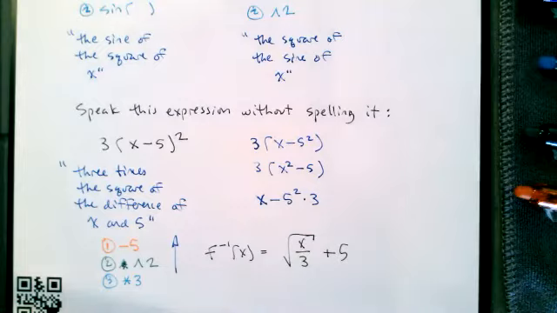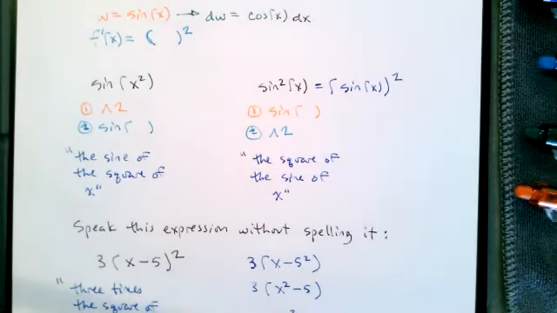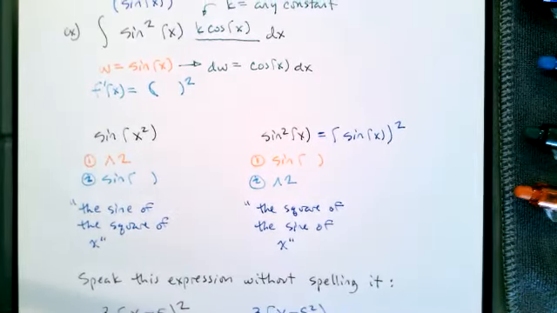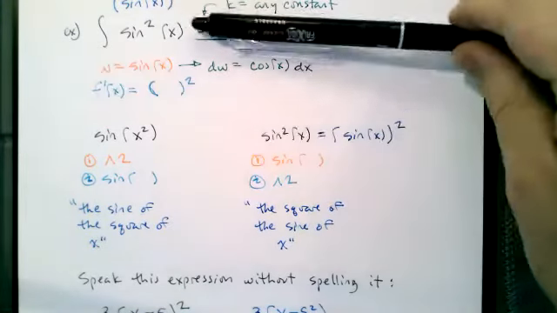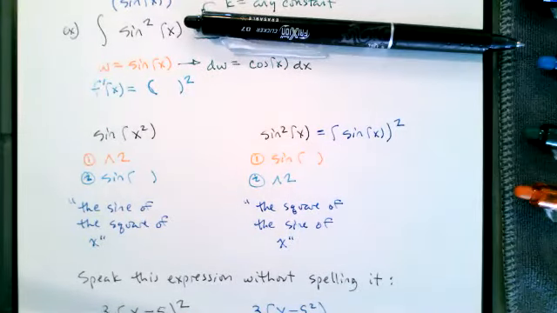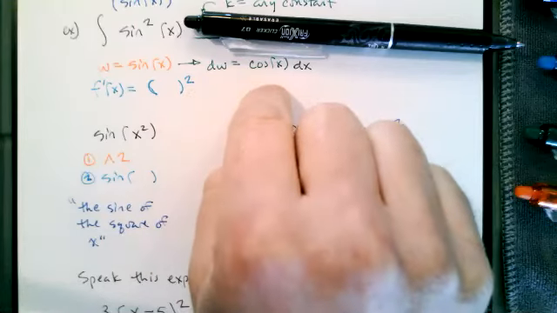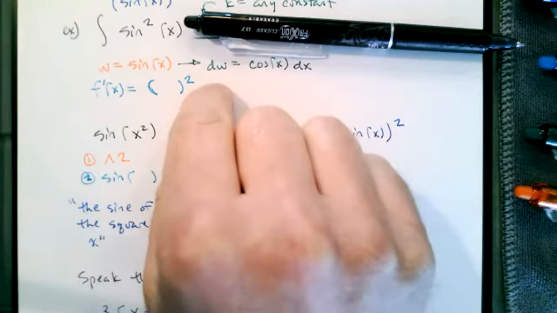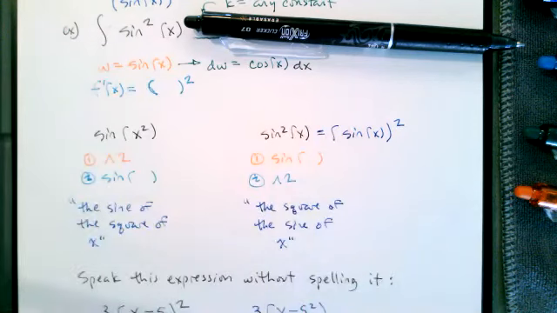If we have the integral of sine squared x, and this cosine of x is not there, this is not a substitution problem, because we can't say w equals sine x. If we want to make that substitution, we need a cosine x to be the dw. I can't do substitution without the cosine x. I'd have to do something else.